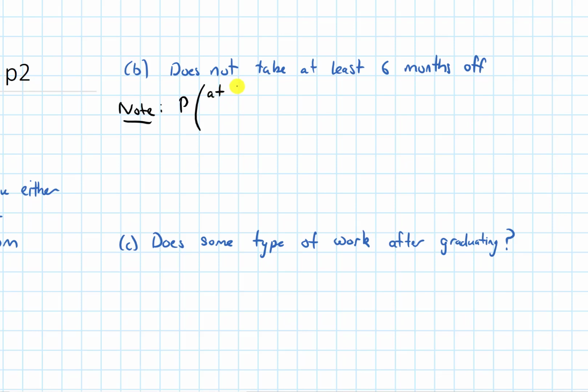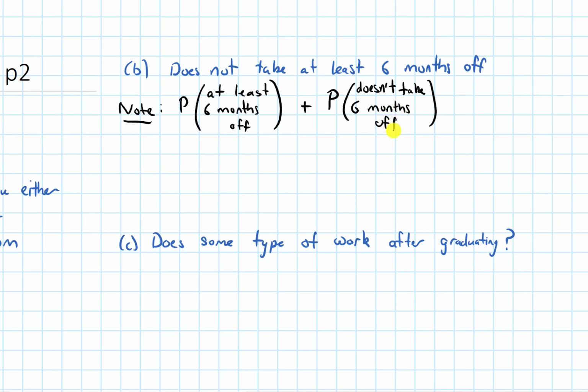I want to note now that the probability that a student takes at least 6 months off after graduating, if I add that to the probability of the complement, which is that the student does not take 6 months off, those two probabilities should add up to 1.